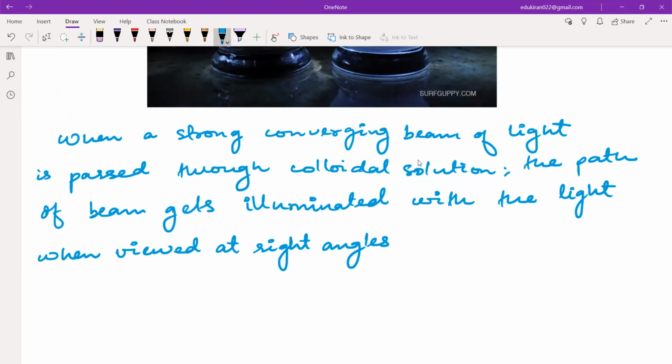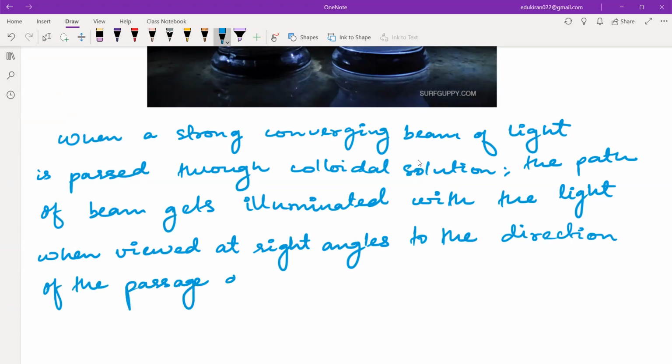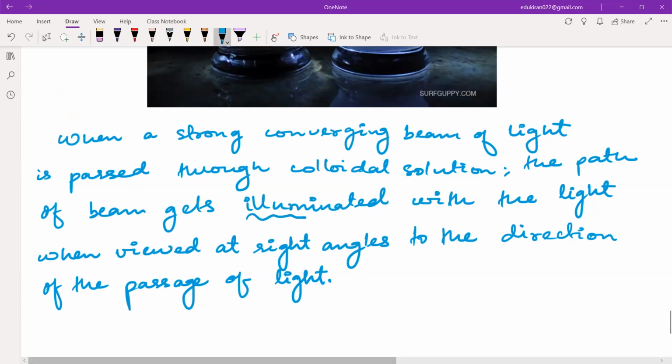Illuminated and viewed at the right angle to the direction of the passage of light. Okay. So this whole phenomenon is known as the Tyndall effect.